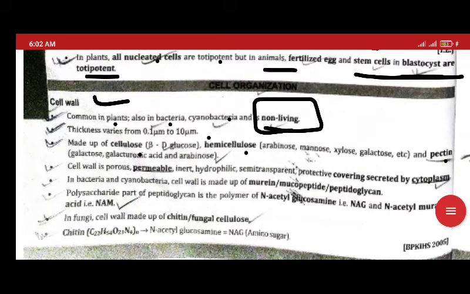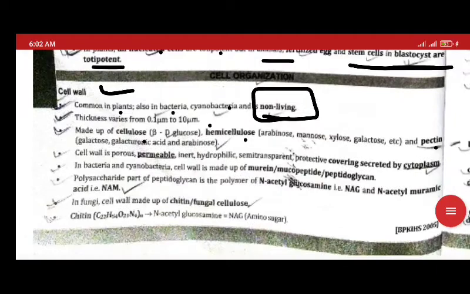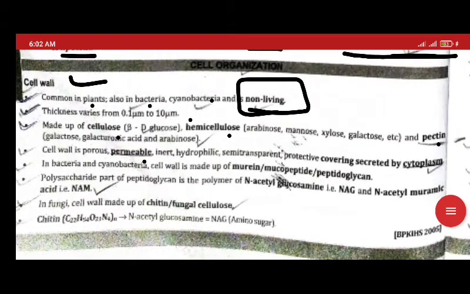You can say cellulose, hemicellulose and what? Pectin. And cell wall is permeable. So permeable means water and solutes can pass through. It is semi-transparent and the covering is secreted by what? Cytoplasm.